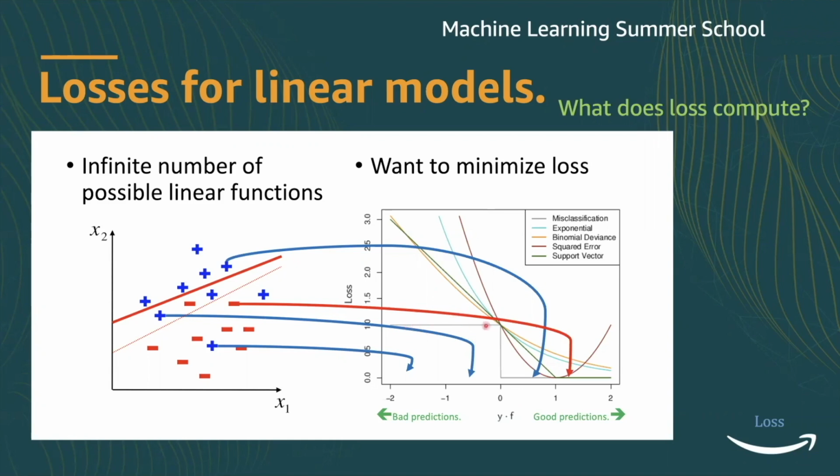This gray step that you see, the step function, is the 0, 1 misclassification loss that we talked about. The x-axis is the true value times the score.